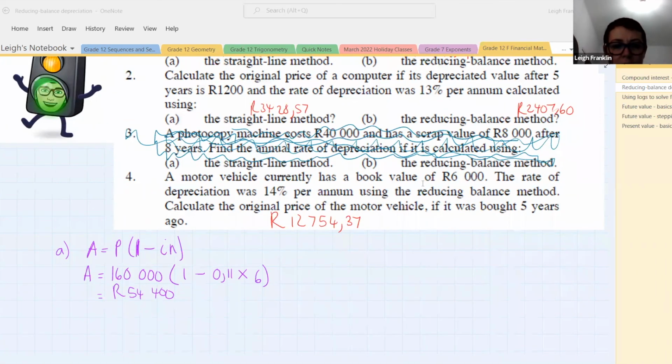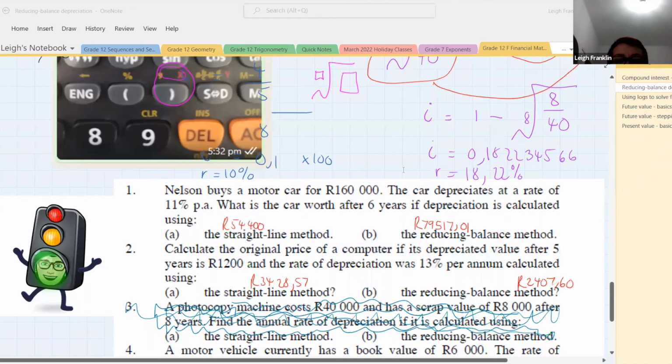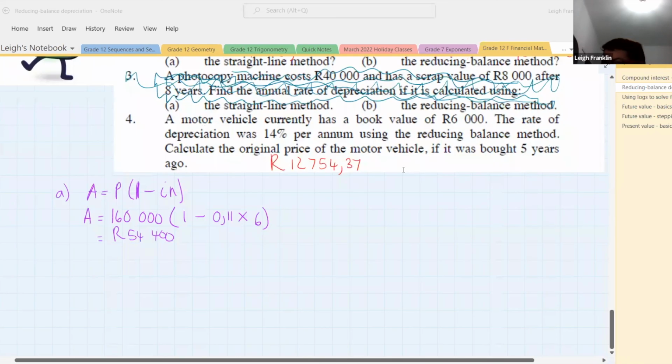Anybody want me to do anything else? Oh, 1B, okay. All right, so in 1B, this is now the reducing balance method.